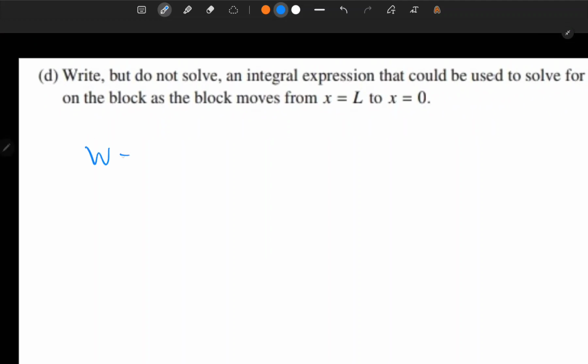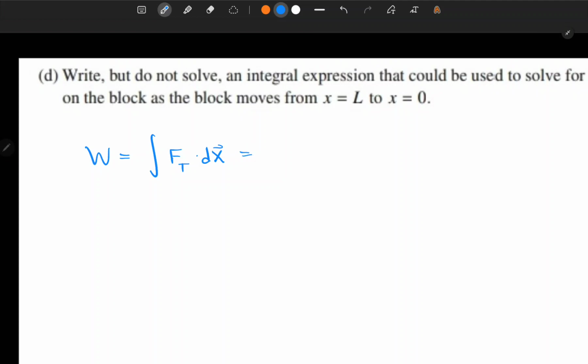The work done on an object is equal here to the integral of the force acting on that object. So here it's F_T dotted into some infinitesimal position.